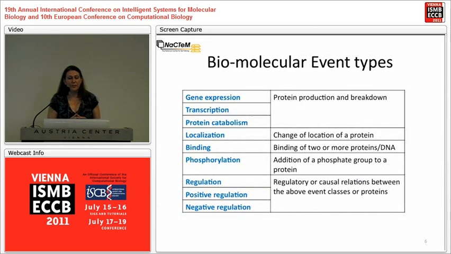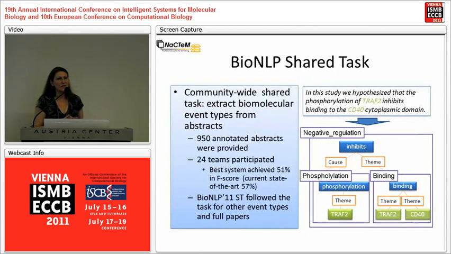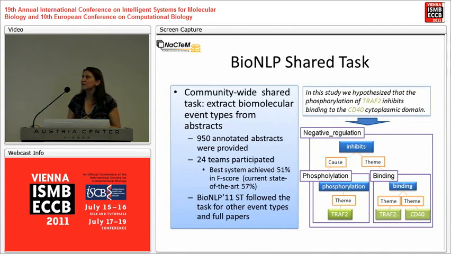So the biomolecular event types we allow the user to use are the following nine: gene expression, transcription, protein catabolism, localization, binding, phosphorylation, regulation, and positive and negative regulation. Those event types have been specified from a shared task we developed in 2009, the BioNLP shared task.